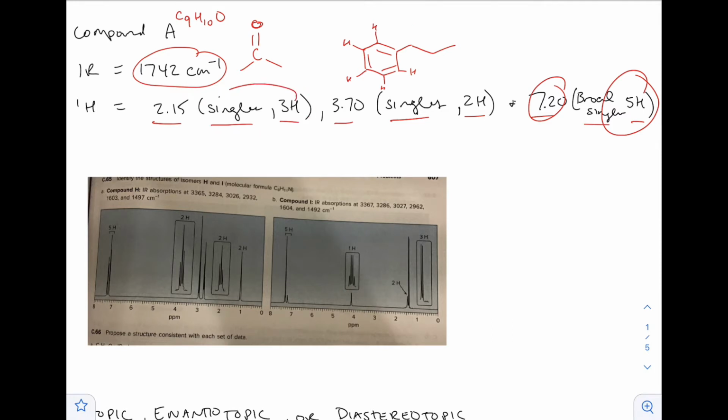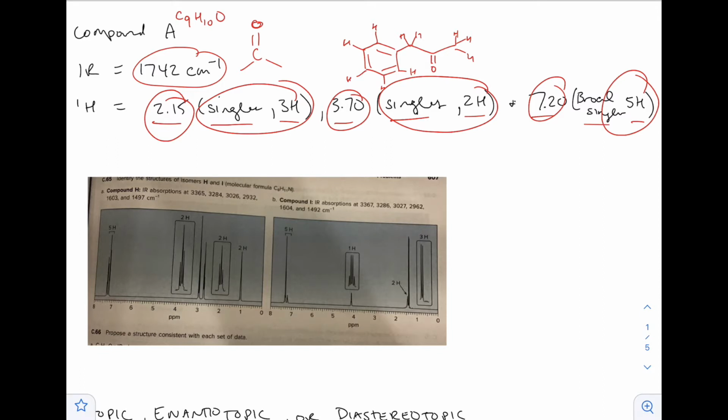This says 3 hydrogens with a singlet, and this is also 2 hydrogens with a singlet. So that automatically tells me I have to have that carbonyl group in the middle, because this and this are not close enough to couple with one another. This has the 2 hydrogens, this has the 3 hydrogens, and they're both singlets. I didn't even pay attention to this and this, so I would take a look at that after the fact to make sure that it makes sense.